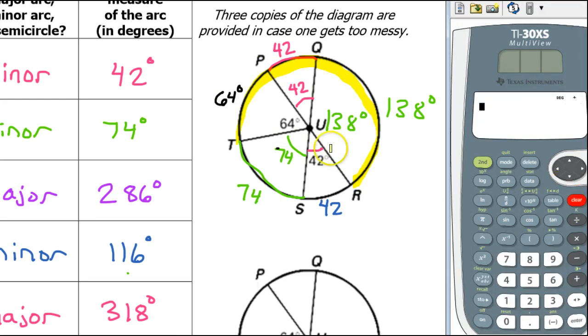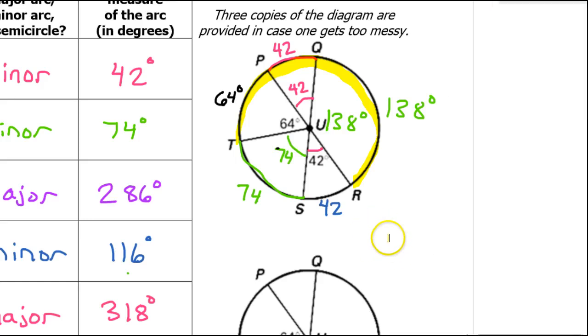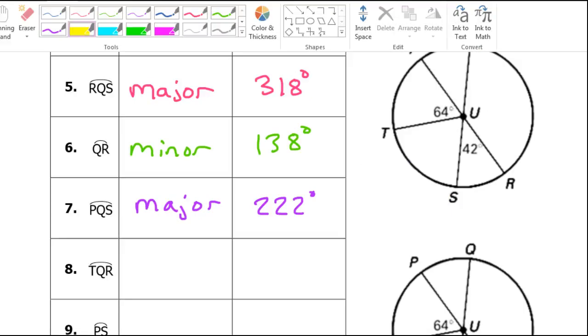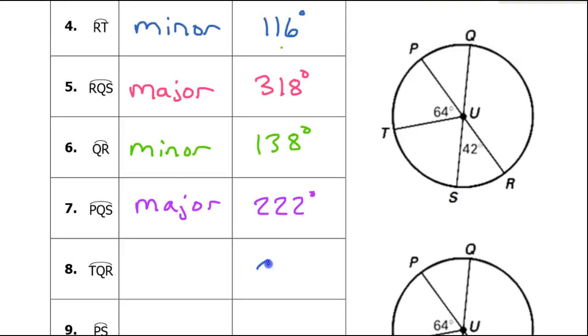All right, because once you have all of the individual arcs, it doesn't matter what combination they give you. You can just add them up. 64 plus 42 plus 138. That's going to be 244. That's major.